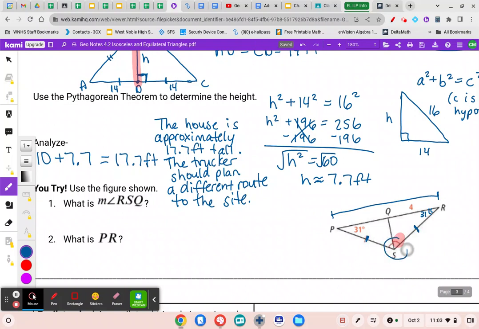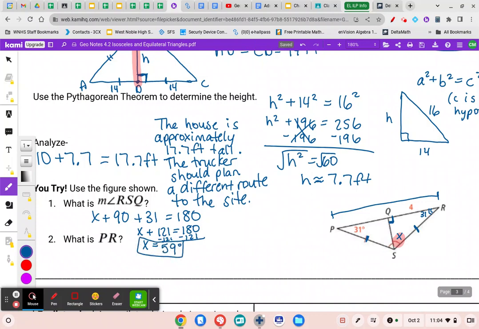I also know based on this bisecting SQ here, that this is a perpendicular bisector, meaning that that is 90, which means to find this last angle here, I can just take x plus 90 plus 31 and equal that to 180. I combine like terms and I finish solving by subtracting 121. This gives me that x is 59 degrees.